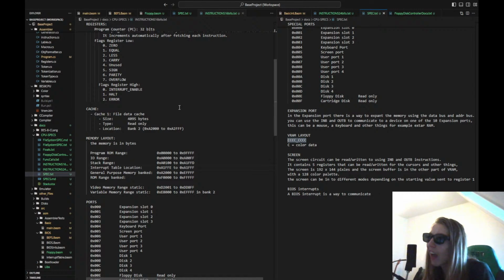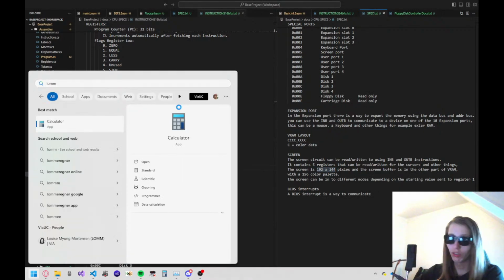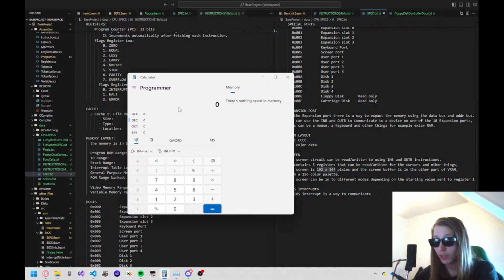Why do I say 128 color palette? This needs to be up to 160. So the resolution is this. How many pixels do we need to do that flashbang right there?